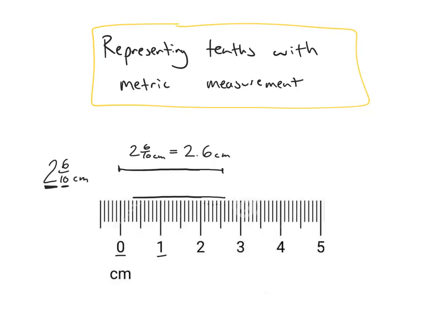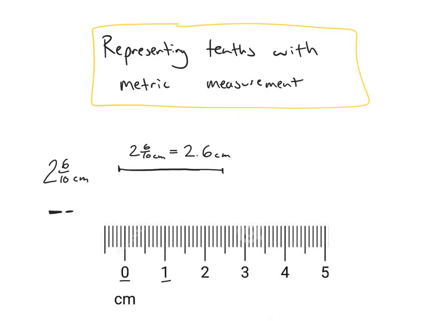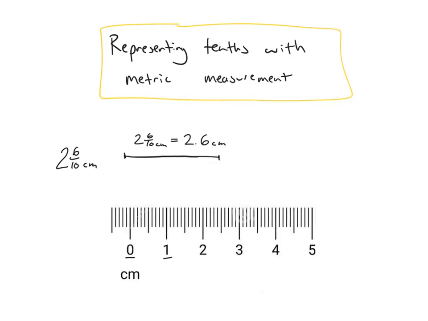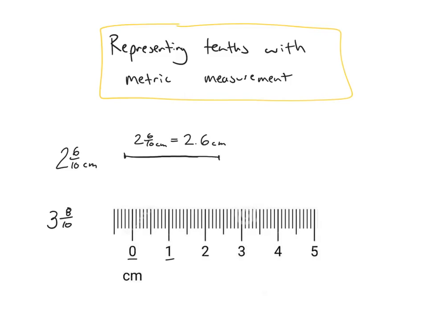Let's take a look at one more example of representing a decimal with a metric measurement. I'm going to move my ruler down a little bit, erase these little lines here, and represent 3 8/10 using metric measurement. The first step is to represent 3 centimeters on my line segment. So I go to 1 full centimeter, 2 full centimeters, and then 3.